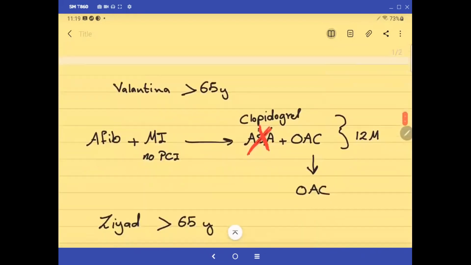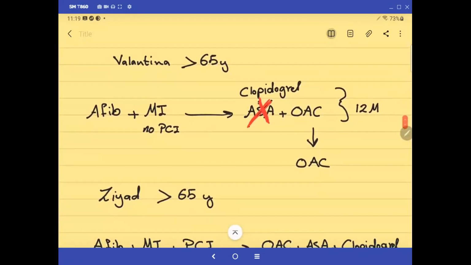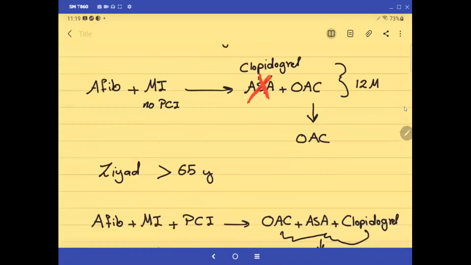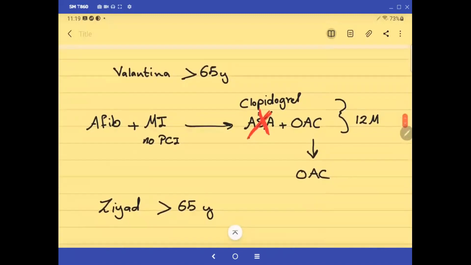The last 2 cases were the people who have atrial fibrillation with STEMI or non-STEMI and their age was 65 or more, which was Valentina and Ziad. Valentina doesn't have PCI, and in her case, she took the same treatment like Armia, oral anticoagulant and clopidogrel for 1 year. Then she stopped the clopidogrel and stayed on oral anticoagulant.